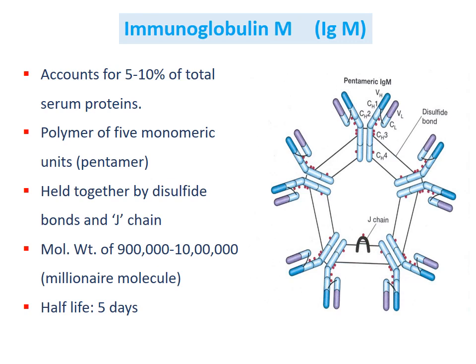Now come to immunoglobulin M. This M accounts for 5 to 10% of total serum protein, and it is pentameric. Penta means 5. So they are pentameric, and how are they attached? Each monomer is attached via the J chain, and I am showing you where the J chain is.